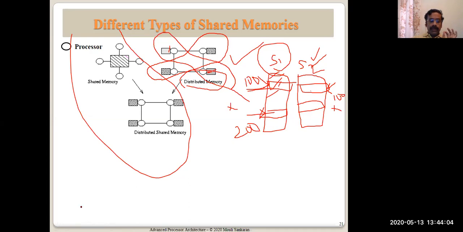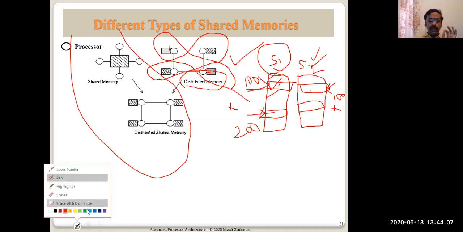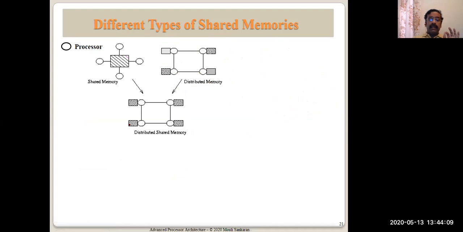Let me summarize it again. Here you should be able to understand it clearly. In shared memory, if the word shared is there, that means one single address space is shared between processors. That's all. If this word is there, it means only one address space is there in the system. If you see, here also only one shaded region is there, and here also one shaded region. That means it is shared.